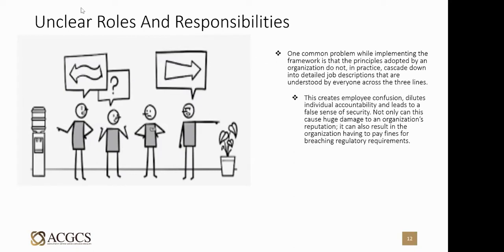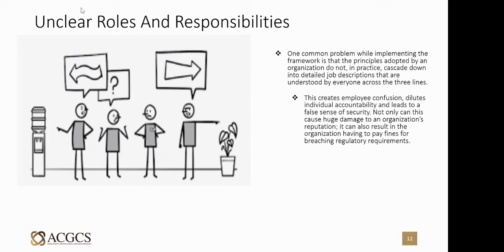Accountability then becomes a ball that is sent from one side to the other, with each trying not to showcase that the issue is within their line of business. That mentality and lack of clarity in the accountabilities of each business line creates friction.